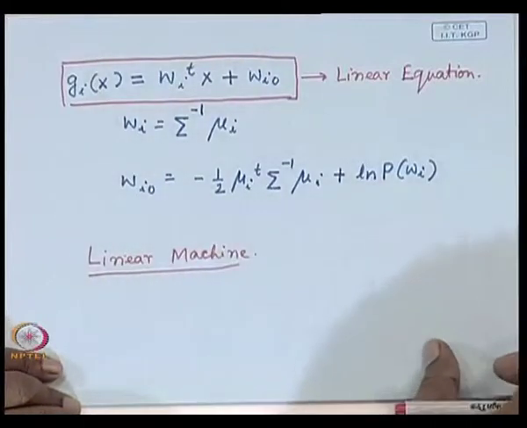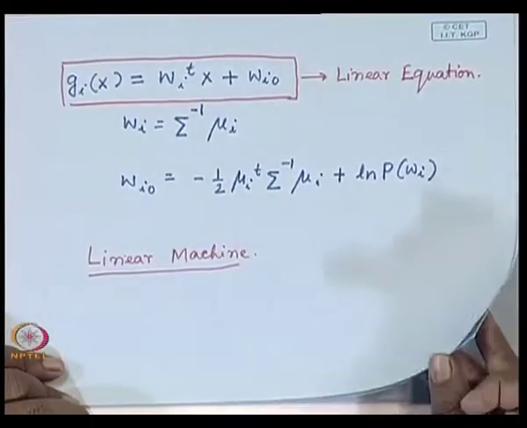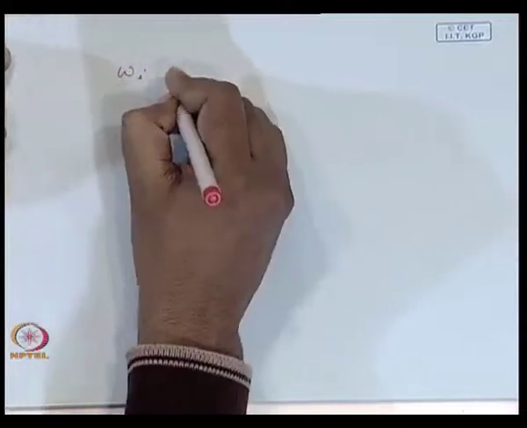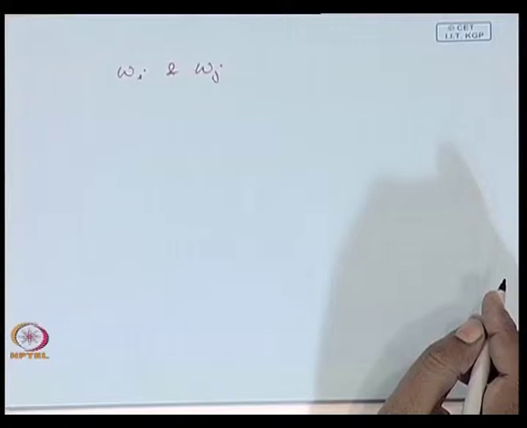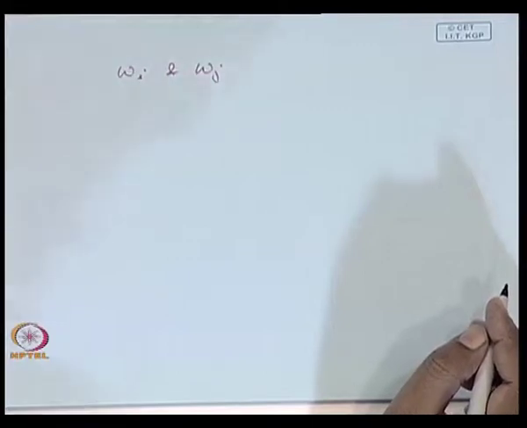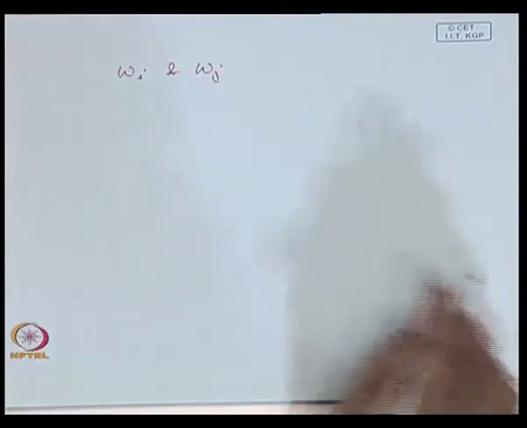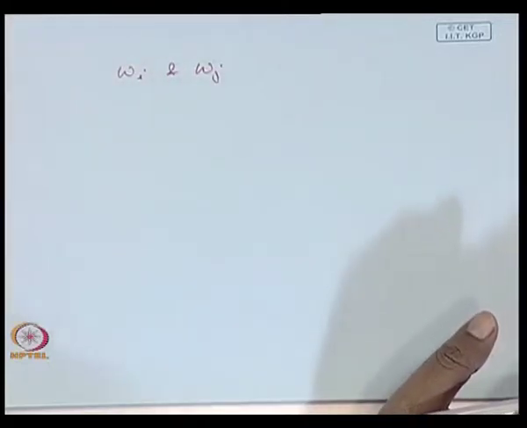Now, using these linear discriminant functions, as I have done before, we want to find out the structure of the decision surface between two classes ω_i and ω_j. So, again we will follow the same procedure: g_i(x) - g_j(x) = 0, that is the equation of the decision surface separating the two classes ω_i and ω_j.